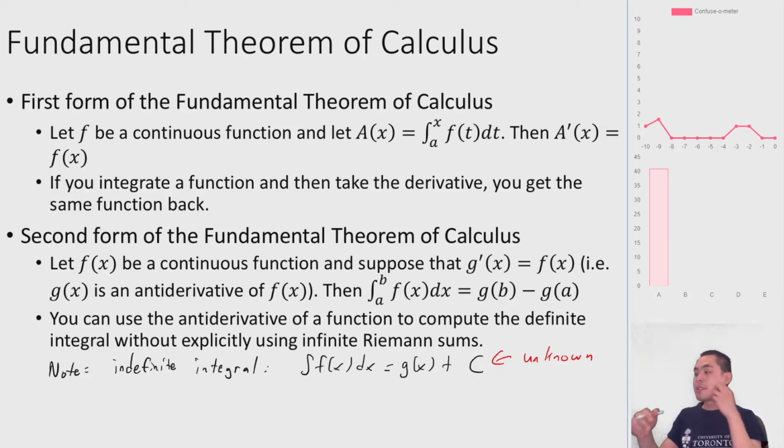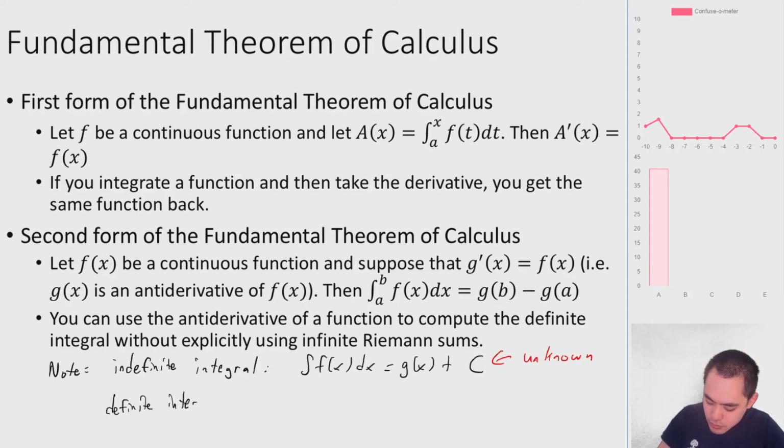That's because when we take this indefinite integral, there are infinitely many antiderivatives that all differ by a constant c. But now, whenever you're taking a definite integral, let's say the integral from a to b of f of x dx, this is equal to some value g of b minus g of a.